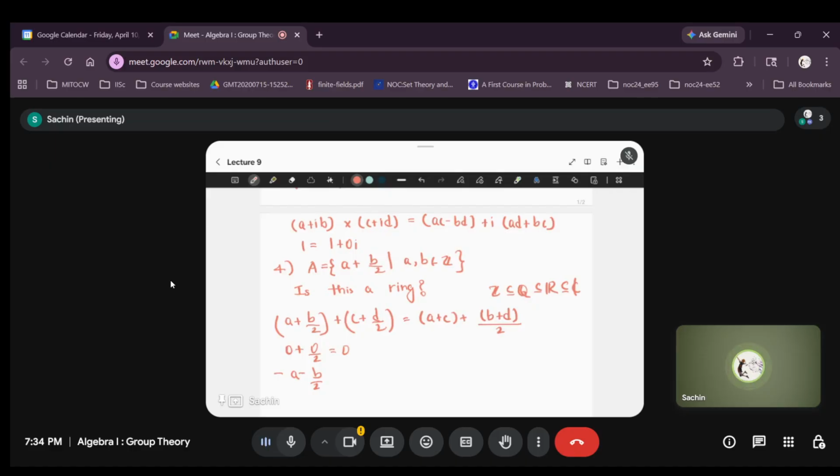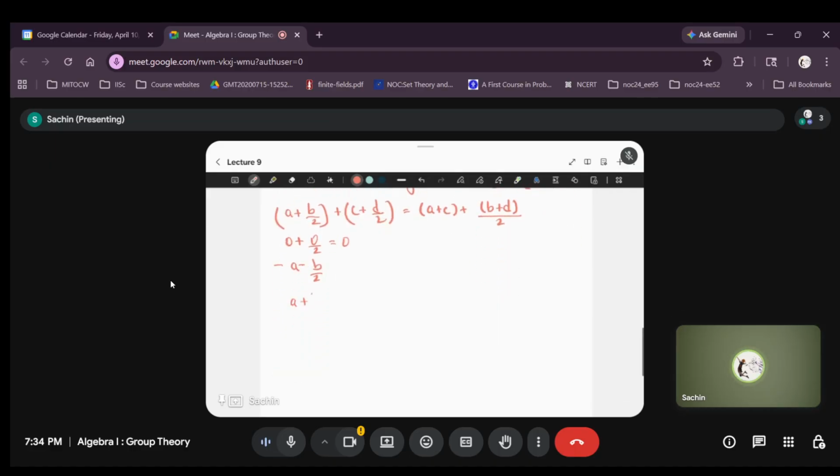So, with respect to addition, this is an abelian group. Then we have to check multiplication. If you multiply A plus B by 2 and C plus D by 2, what is this?